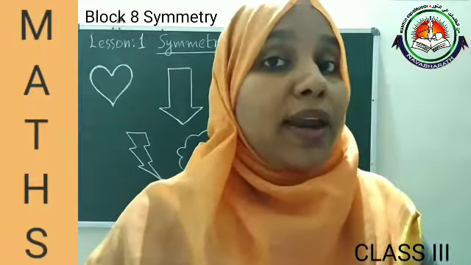Okay, this is a shape of a heart. And I am going to fold this shape through this. Then we can observe that both the halves look identical. This half is the same as that half.